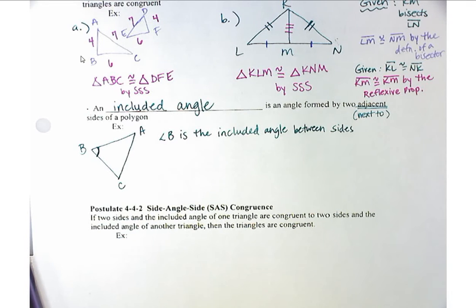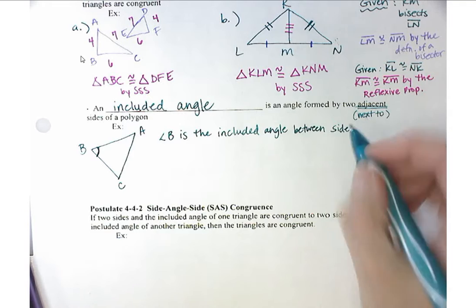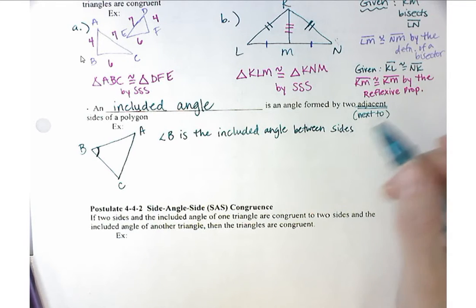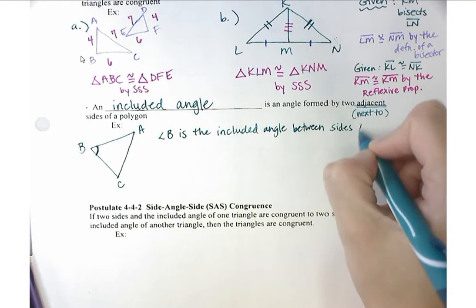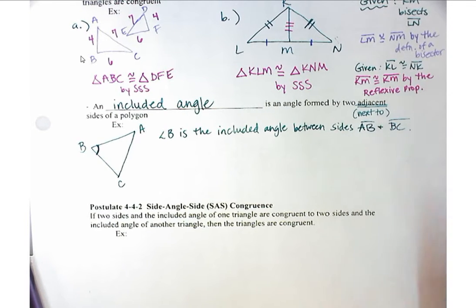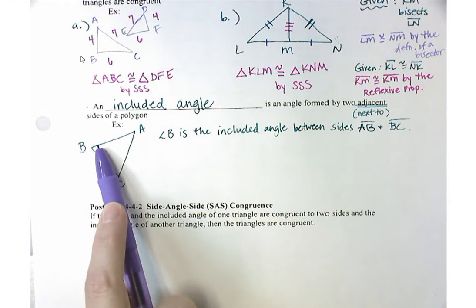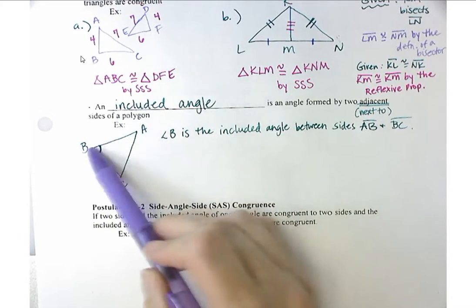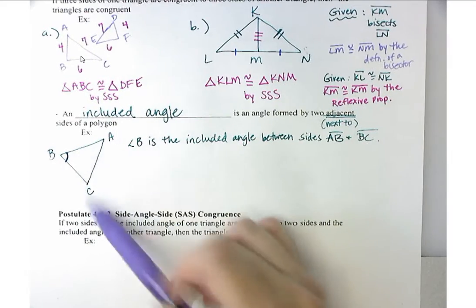So write this down with me. Angle B is the included angle between sides, and the two sides it's between is AB and BC. Okay, so if I look at the position of angle B, I can see that the two sides that are right next to it are AB and BC.